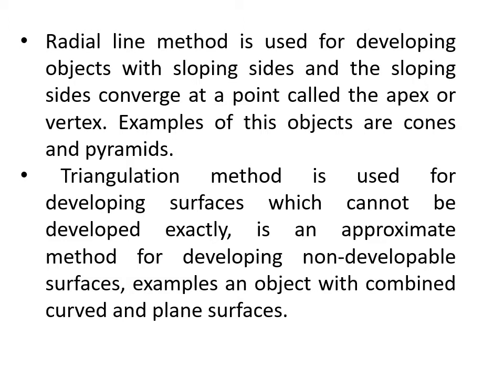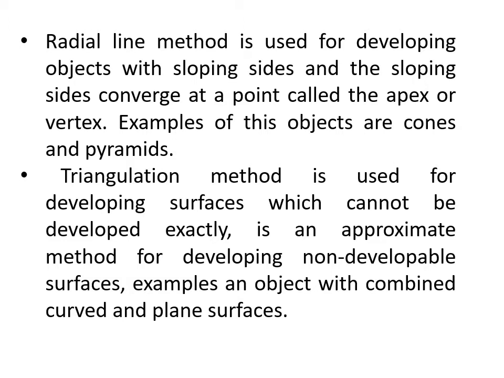The third one is triangulation method. In this case, you have an object that is not parallel, neither is it sloping. Maybe they have parallel lines, and they have sloping sides and also parallel lines in one object.